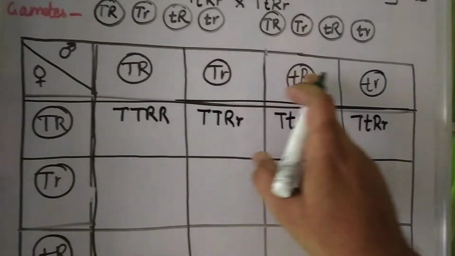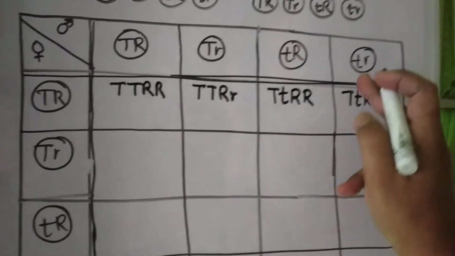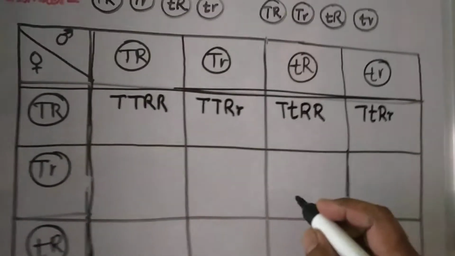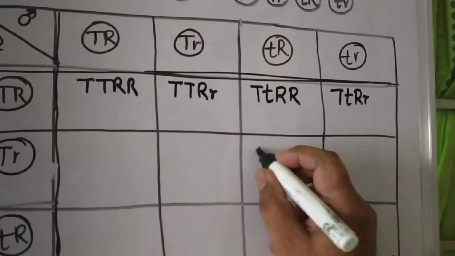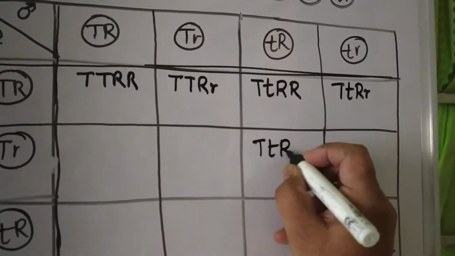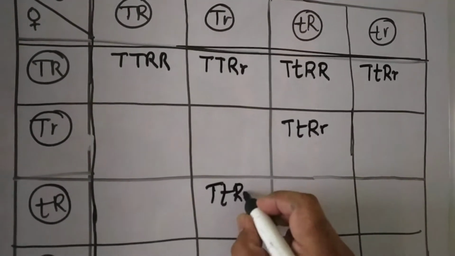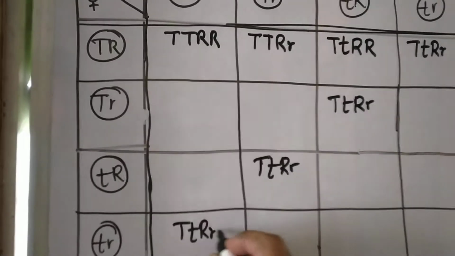If you write this way, the same sequence over here, you will find that exactly along this line, we can say diagonal, we can write here capital T, small t, capital R, small r. Here also capital T, small t, capital R, small r. Capital T, small t, capital R, small r.